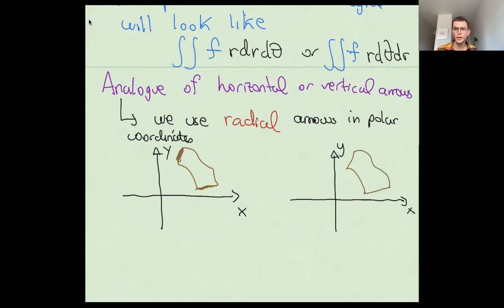Before, in Cartesian coordinates, if you had wanted to analyze this region, you would have used arrows which were either like this, or arrows which were like this. Maybe I'm flipping the colors, but they were something like this. So they were either parallel to the x or y axis. Those were the types of arrows we used before, the Cartesian arrows.